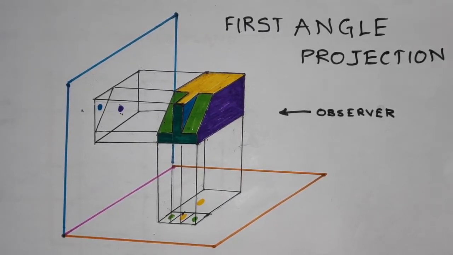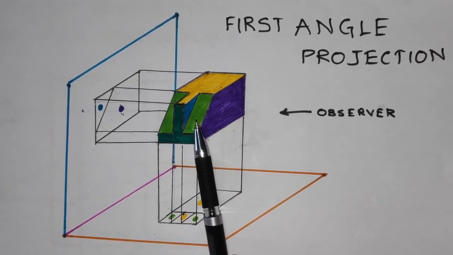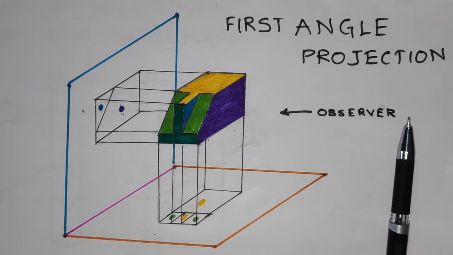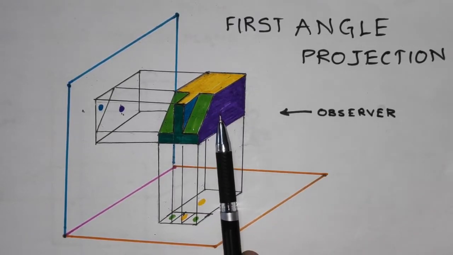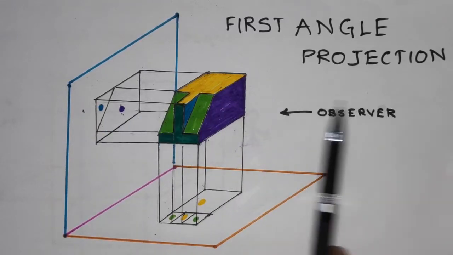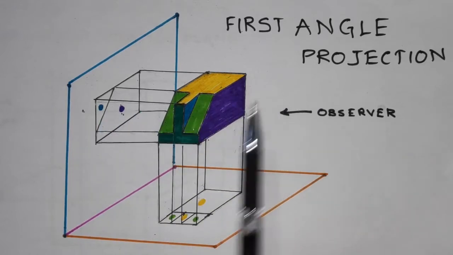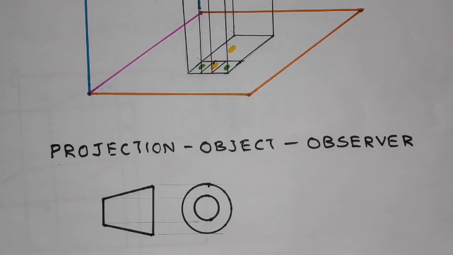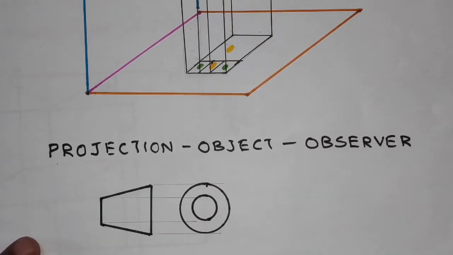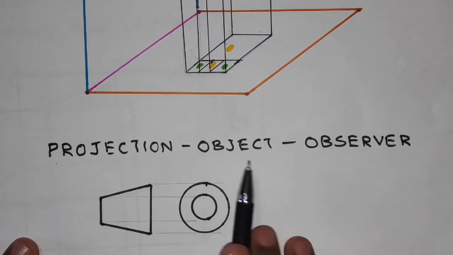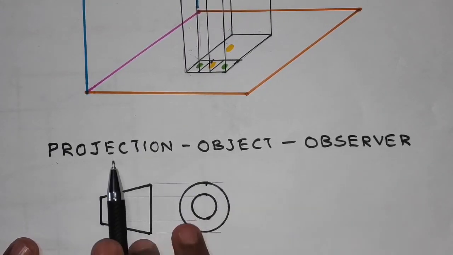Now the concept of first angle projection is when the object is in the first quadrant and the observer sees it, there is an order: observer, object and the projection. When this order is followed, this is called first angle projection. Here we have this arrangement: first there is an observer, then there is an object, and then there is a projection.